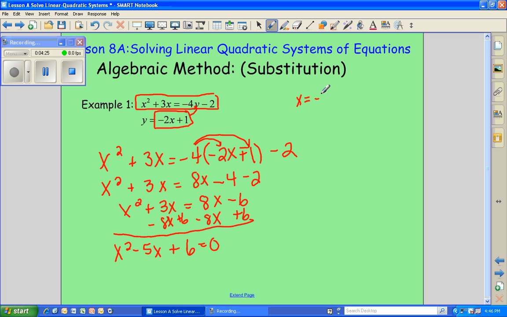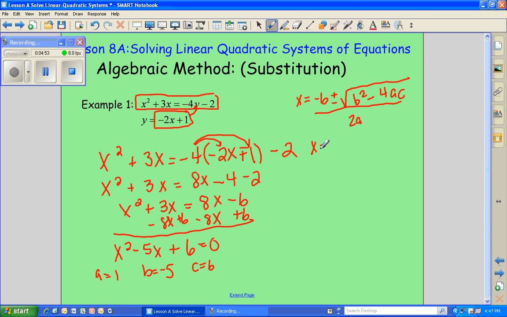So x equals negative b plus or minus the square root of b squared minus 4ac, all over 2a. In this case, a is 1, b is negative 5, and c is 6. And that just comes from the coefficients in the quadratic equation.